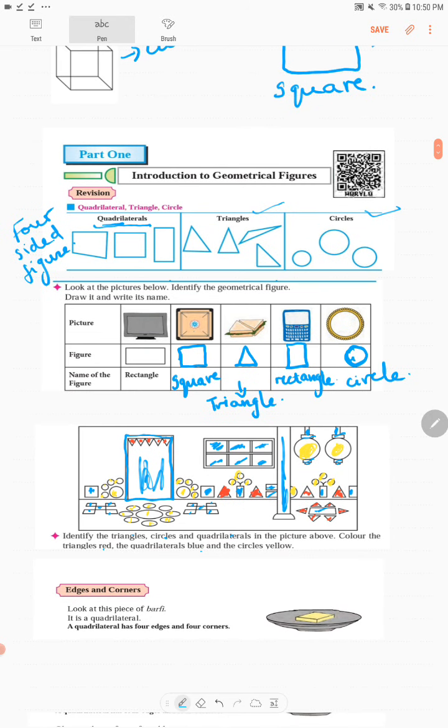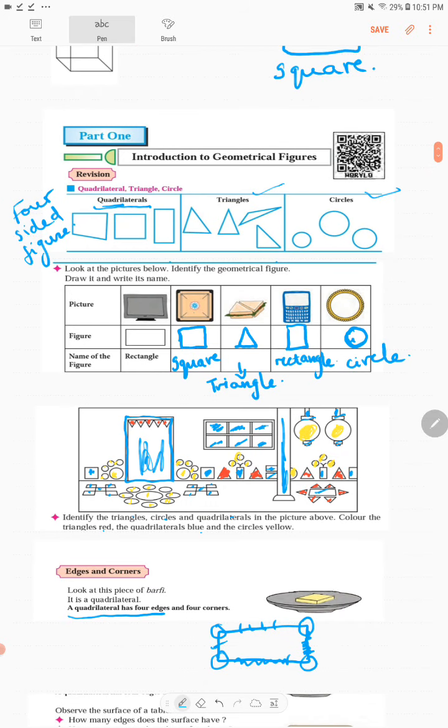These are called edges. And these corners. The sides are called edges, and a quadrilateral has 4 edges and 4 corners. So we are going to talk about edges and corners now.